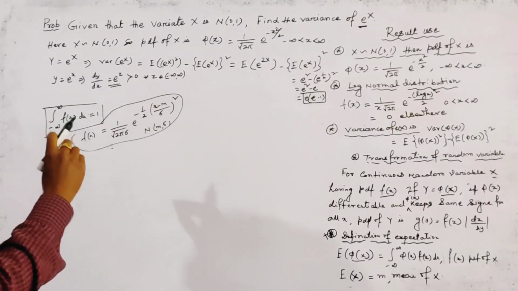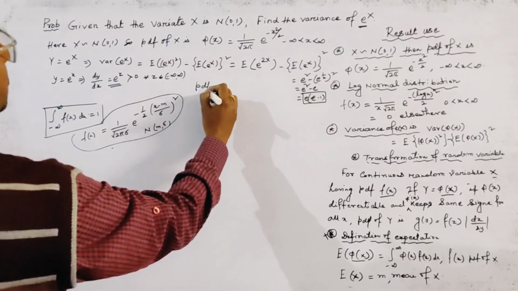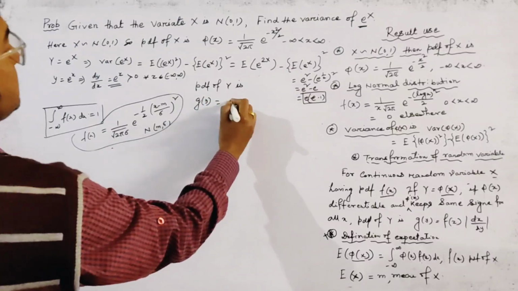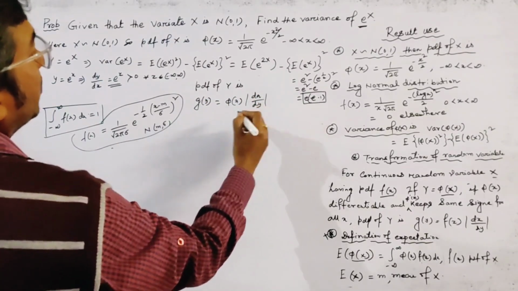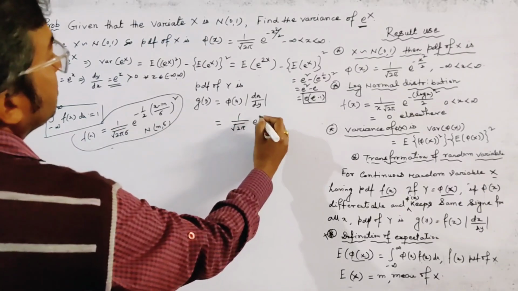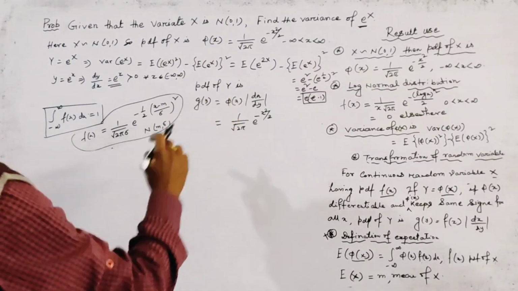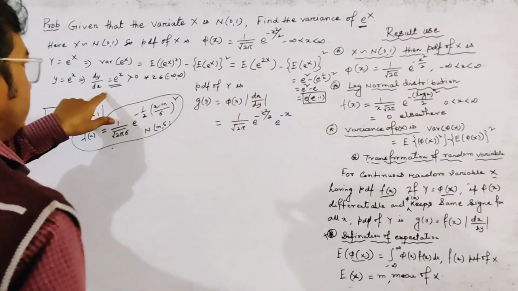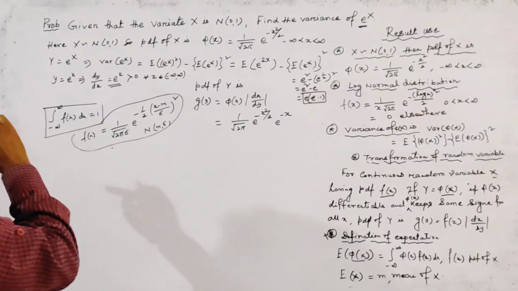So the PDF of y is given by g of y equals phi of x into mod of dx by dy. Phi of x is 1 by root 2 pi e to the power minus x square by 2, into dx by dy, which means e to the power minus x, because this is dy by dx.